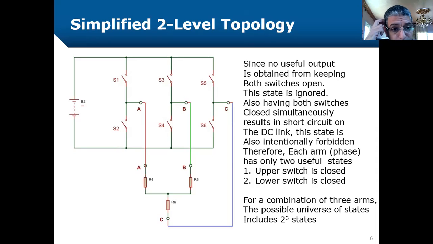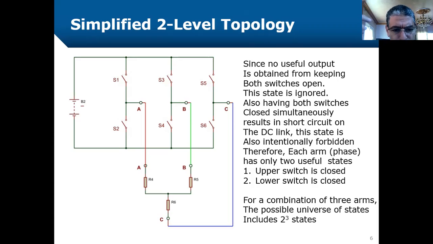If we switch the upper switch on, VDC is connected to the load terminal, and if we switch on the lower switch, minus VDC is applied to the load terminal A, B, or C as well. So for each arm, we have only 2 conduction states, either the upper or the lower.